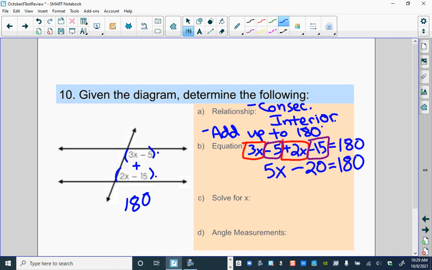So wouldn't it be 5x plus negative 1? No, you add them. Well, you could say 5x plus negative 20 or 5x minus 20. I just want to make sure you got it right, because you didn't write the plus sign, so that's why I'm asking. It's going to be 5x minus 20 or 5x plus negative 20.